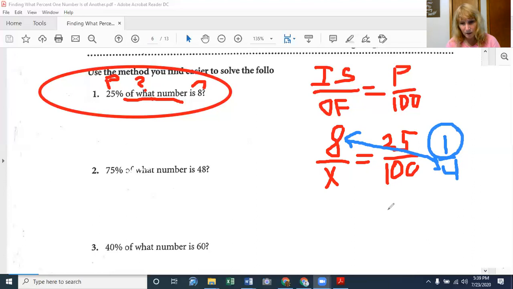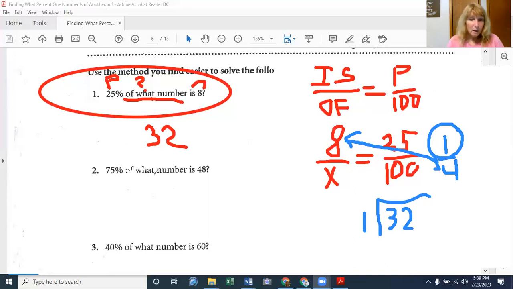So 4 times 8 is 32. And we're going to divide 32 by 1. So the number that's missing, and be careful now, we already are given percent. So the number that's missing is 32, not with a percent sign. So you could say that 8 is 25% of 32. So that is our answer.